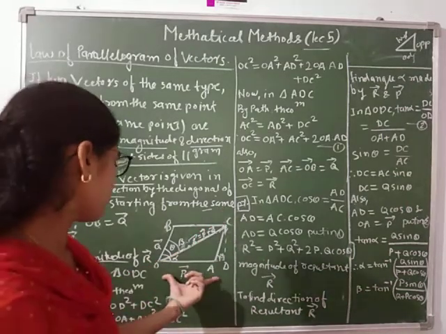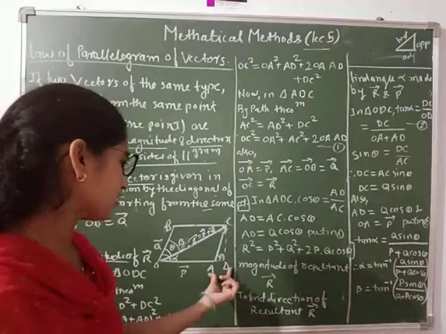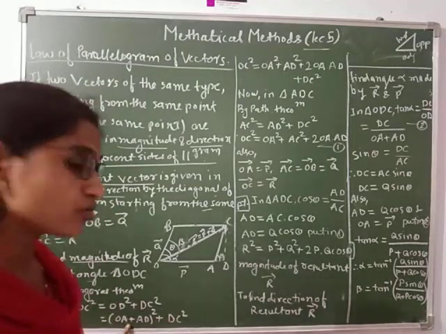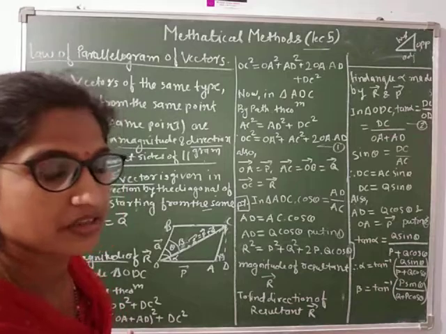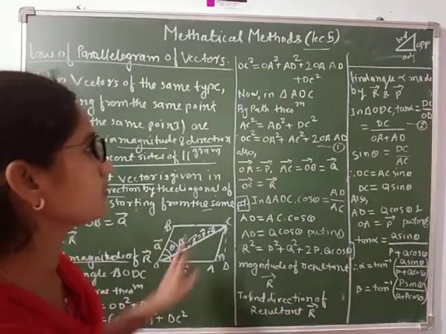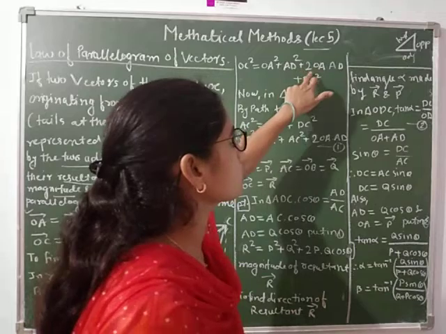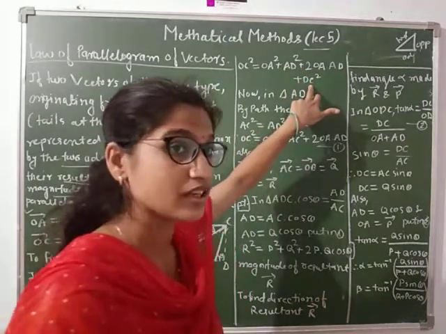Again OD is OA plus AD, so it is (OA plus AD) square plus DC square. Now using the formula (A plus B) square is A square plus B square plus twice AB, we get OC square is equal to OA square plus AD square plus 2 OA into AD plus DC square.